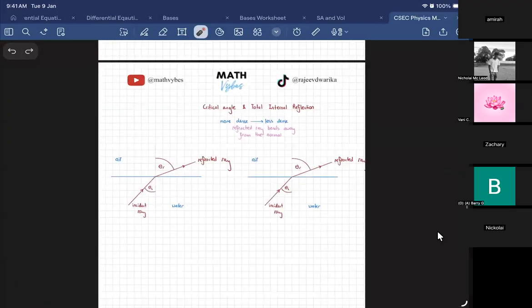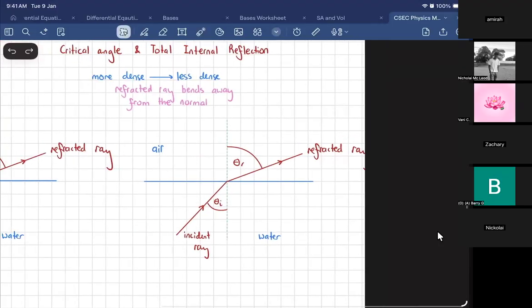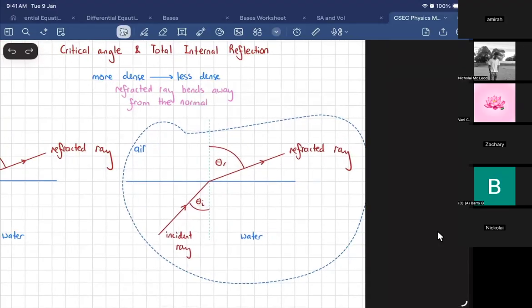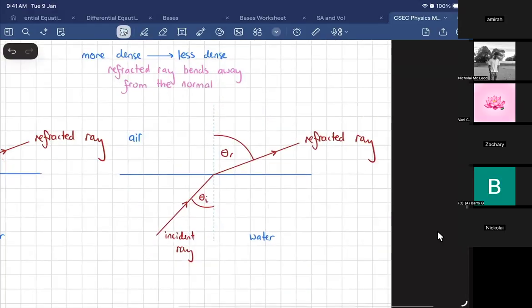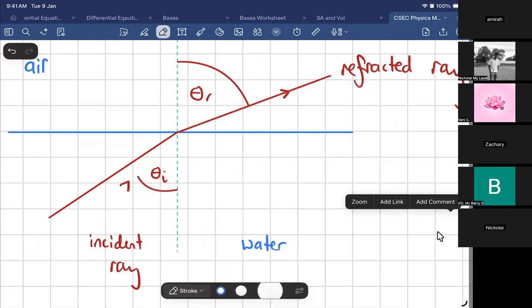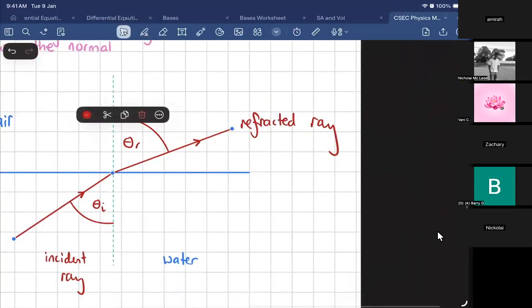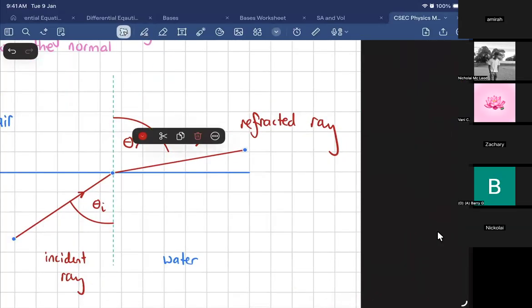Yes, sir. All right, so I'm going to draw that on the diagram here for us to see. I'm going to make the angle of incidence bigger. You will see where I'm going with this. And by doing that, the angle of refraction is going to get even bigger.